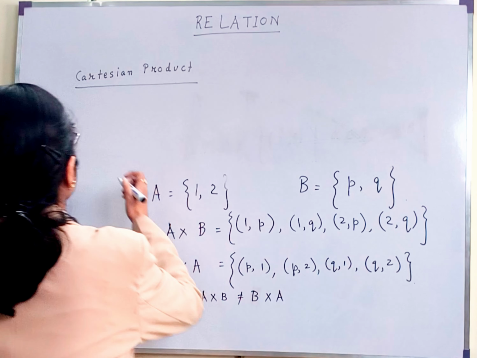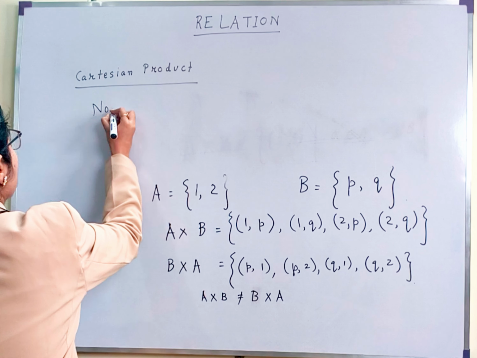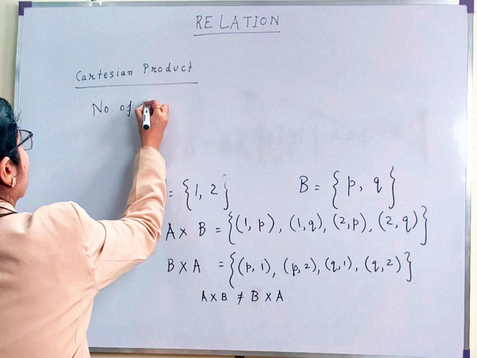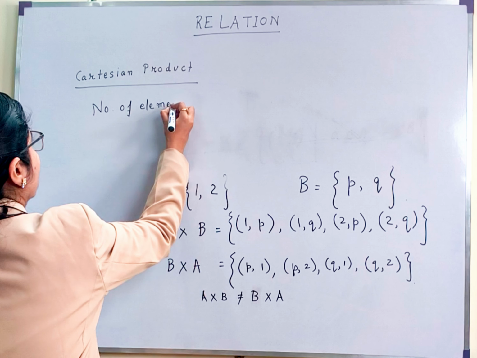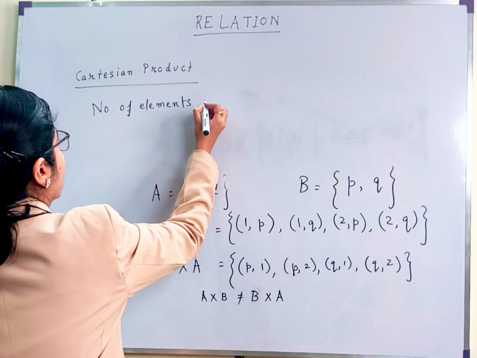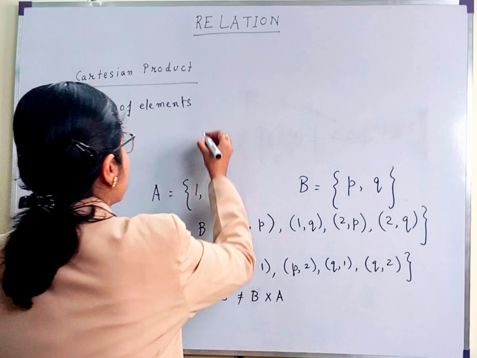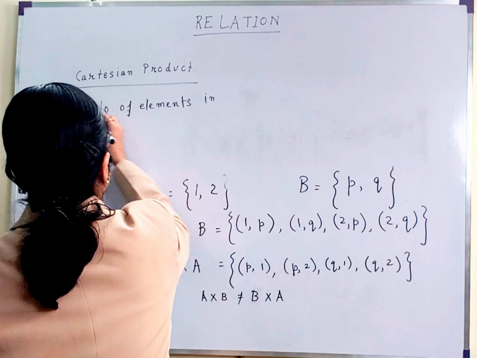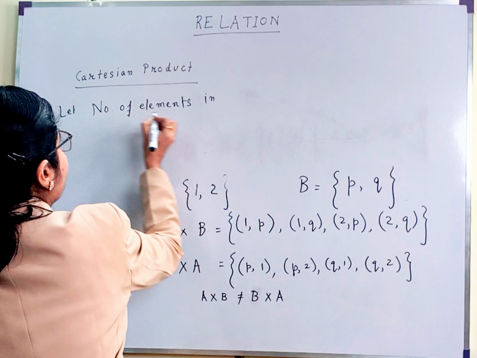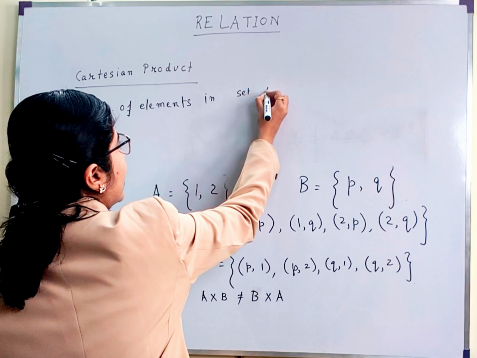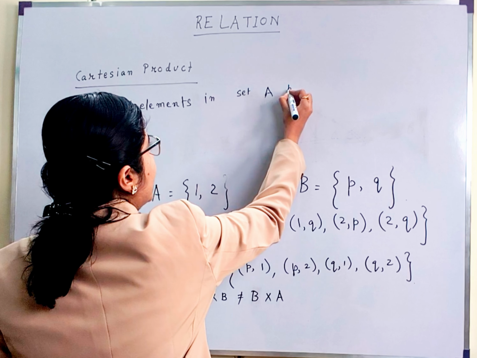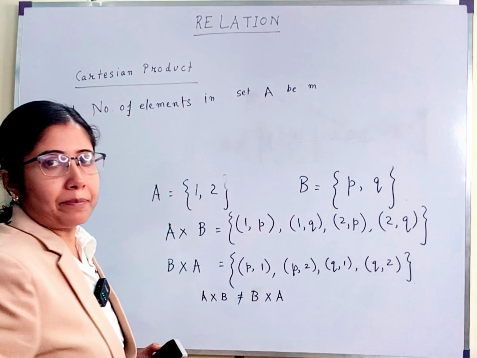Let's find out the number of elements. Let the number of elements in set capital A be small m.